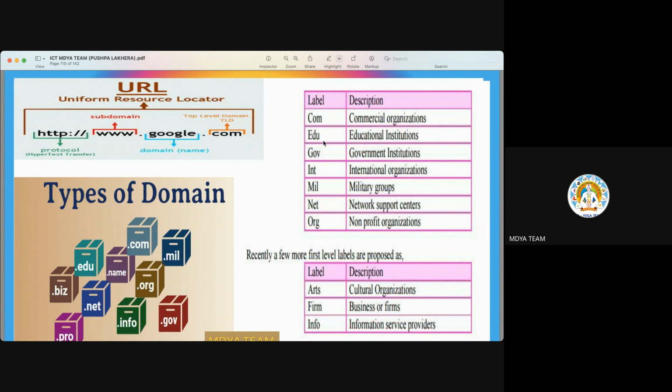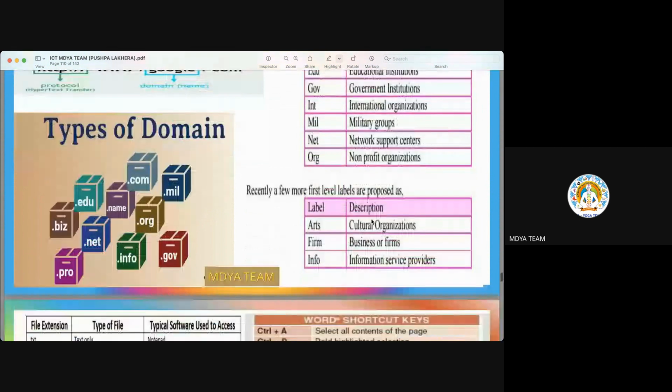Sometimes this type of question may come in your examination: which type of domain stands for which institution or organization. Like .gov for government, .int for international organizations, .mil for military groups, .net for network support centers, .org for non-profit organizations.